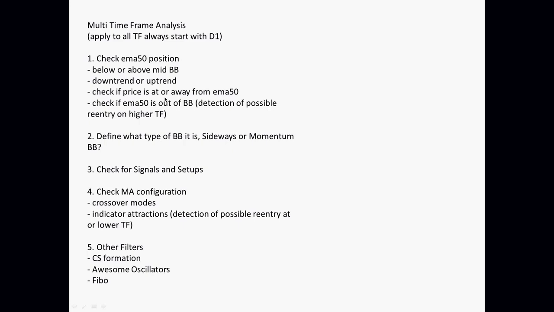So instead of going all over the place, you'll be able to narrow down which time frame to look at next. Okay, so then you need to check whether MA50 is outside BB. So basically, it's a detection of possible re-entry on a higher time frame. Okay.